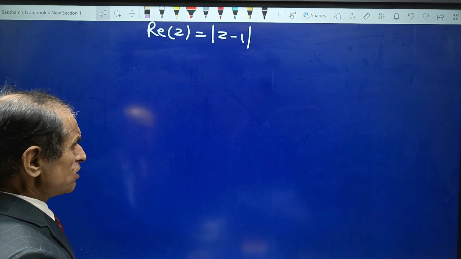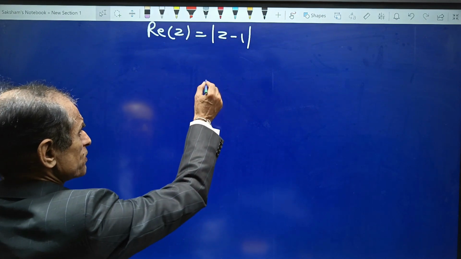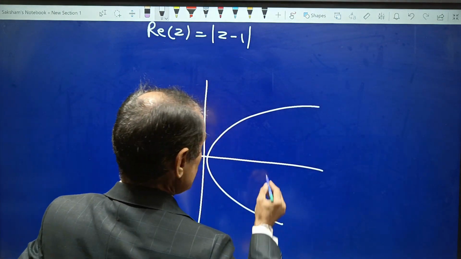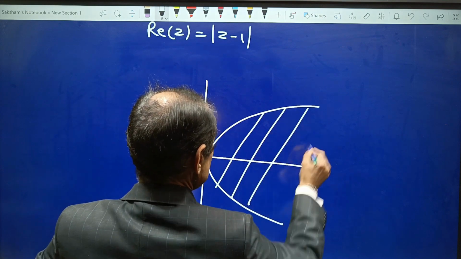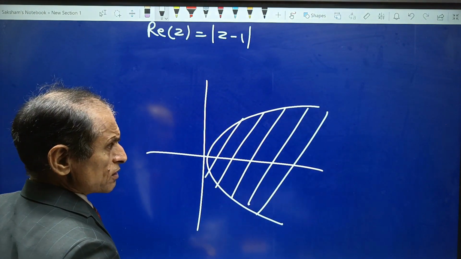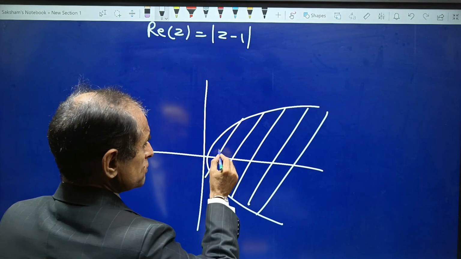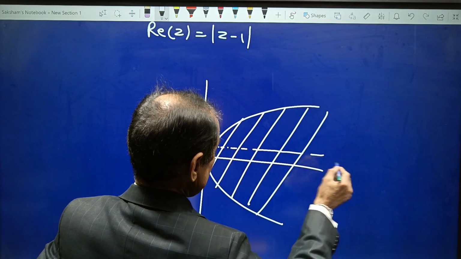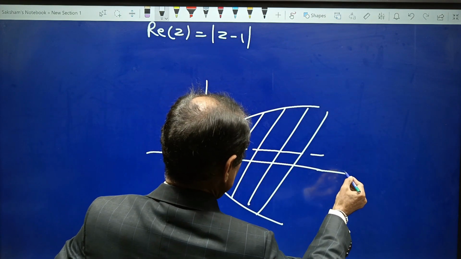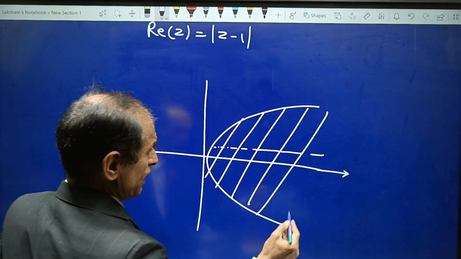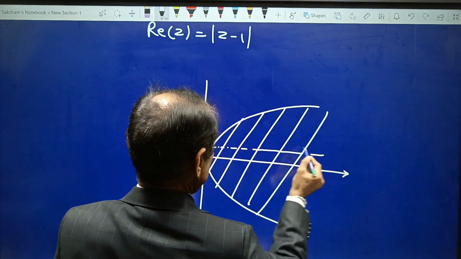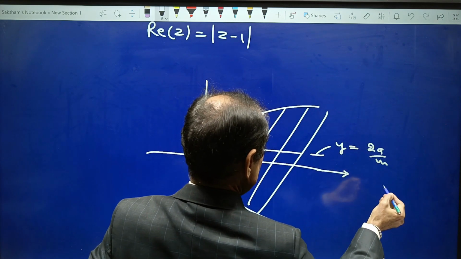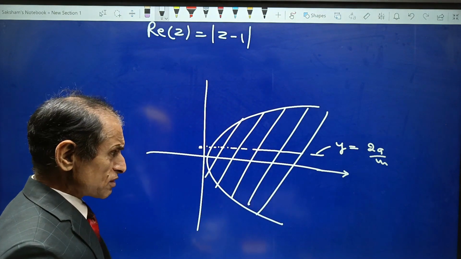And now I am going to tell you a property of parabola which I am going to use in this question, and that property says that if this is a parabola, these are the parallel chords, then the midpoint of all these chords always lie on a line which is parallel to x-axis, and the equation of this line is y equal to 2a upon m, where m is the slope of these lines.